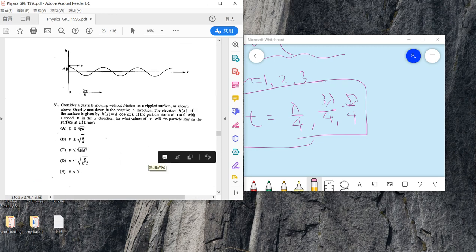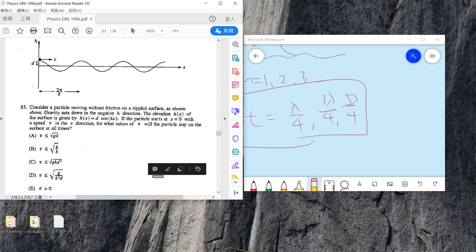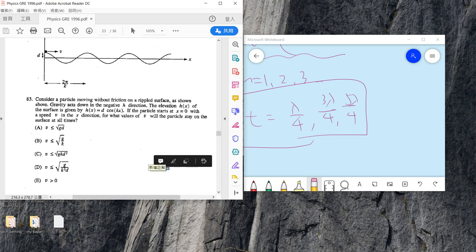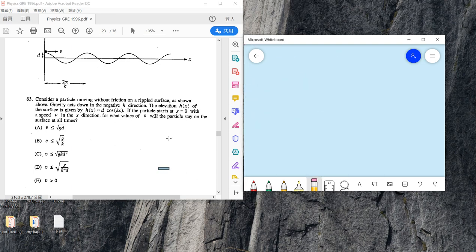Okay, so 83, basically you have a v on this wave, and it asks you for what v will the particle stay on the surface at all times. Okay, so there are multiple ways to solve it.